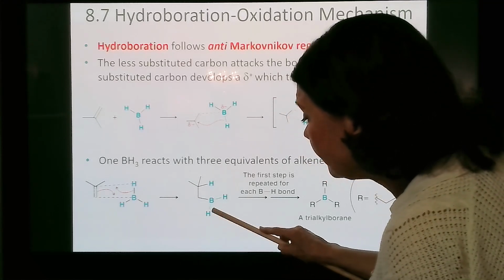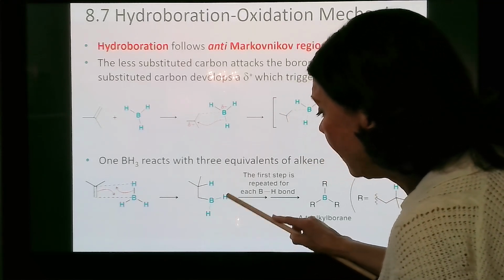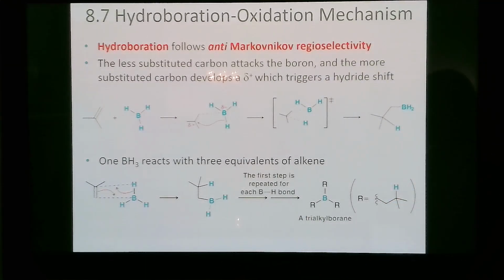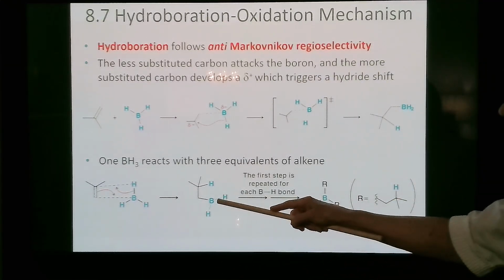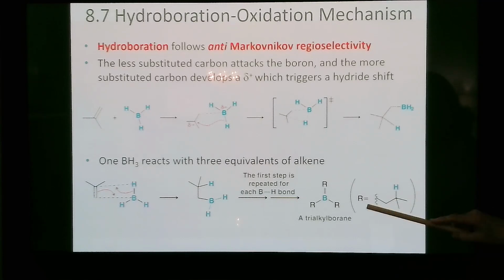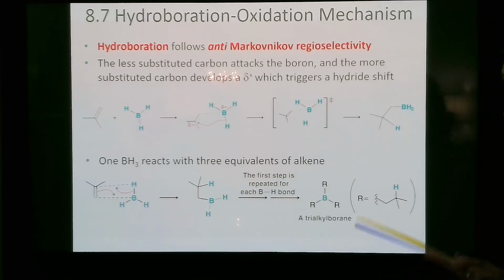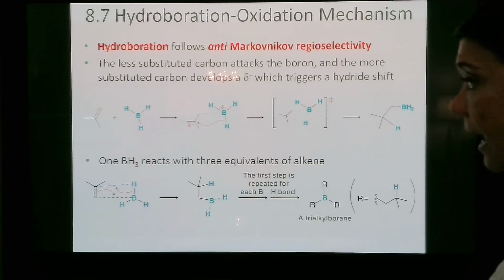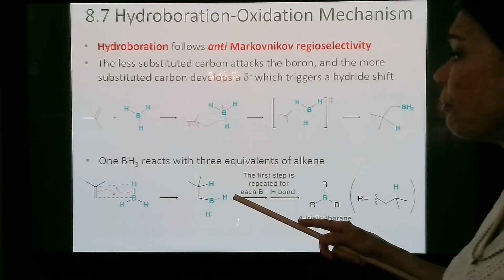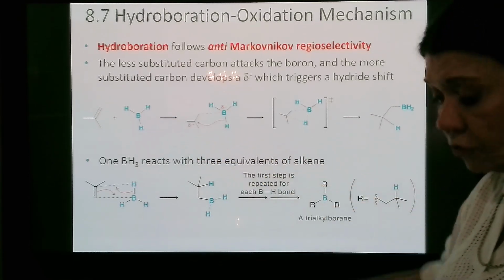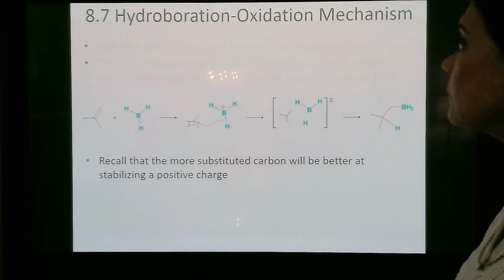This one can react with an alkene, and this one can react with an alkene. As they react, the steric hindrance about boron increases. And so you wind up with 3 alkyl groups on boron, so it's called a trialkyl borane. This would be a monoalkyl borane. After the next addition, it's the dialkyl borane. This is a trialkyl borane. And so there are 3 active BH bonds in borane.